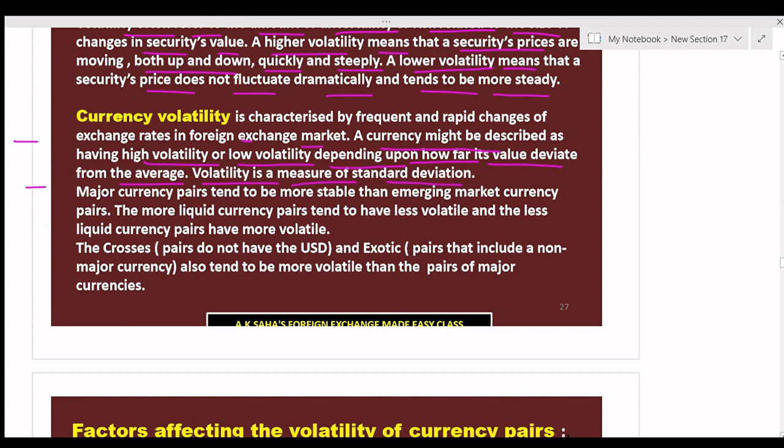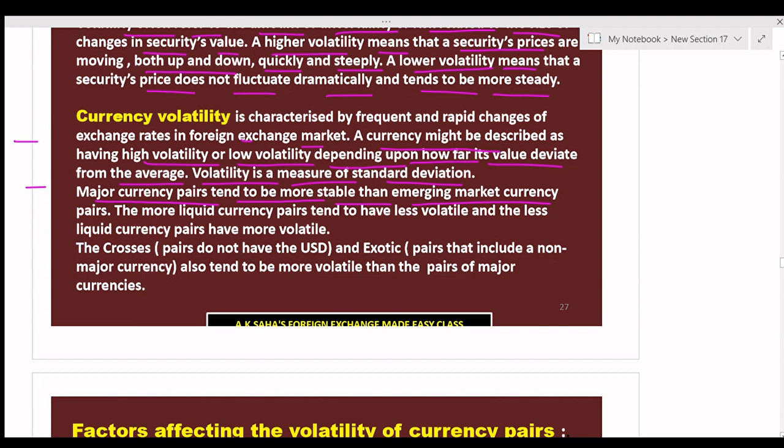Major currency pairs, which I have already discussed: major currency pairs, cross currency pairs and exotic currency pairs. Here you see that major currency pairs tend to be more stable than emerging market currency pairs. Major currency pairs means in each currency pair the USD exists.